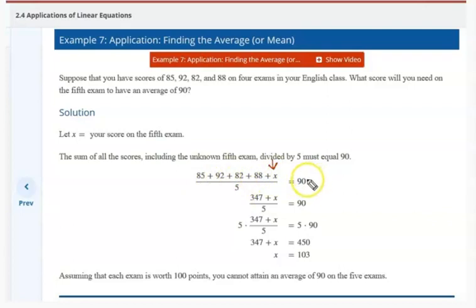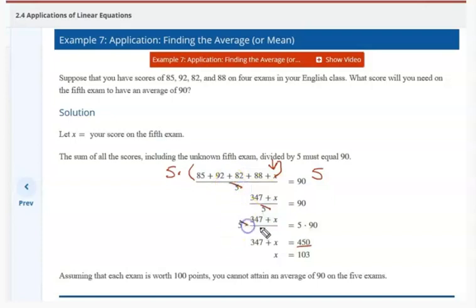Now, the first thing I would do is multiply both sides by 5. And that's what they're doing, and they're getting 450. And then I've gotten rid of the 5s already here.